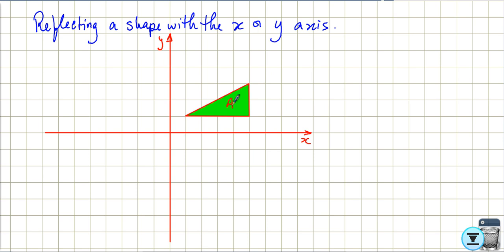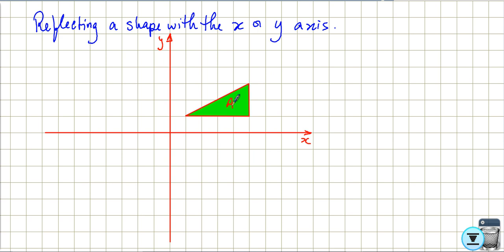Now, some important facts which you need to remember always. When doing transformations, we don't do transformations on a graph paper. We do transformations on a square grid, like I have on my board. Why is that? Because transformations maintain size and shape.